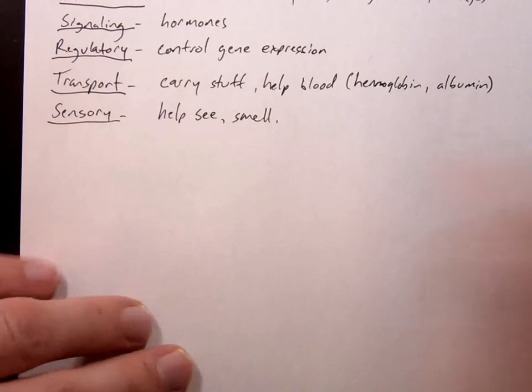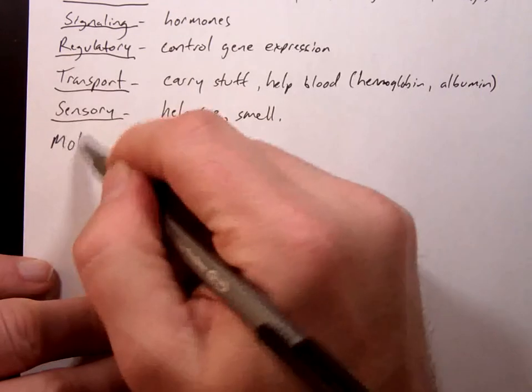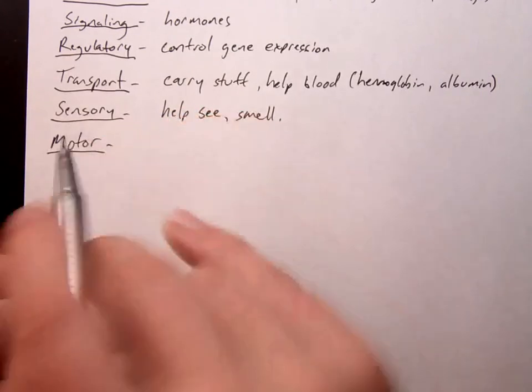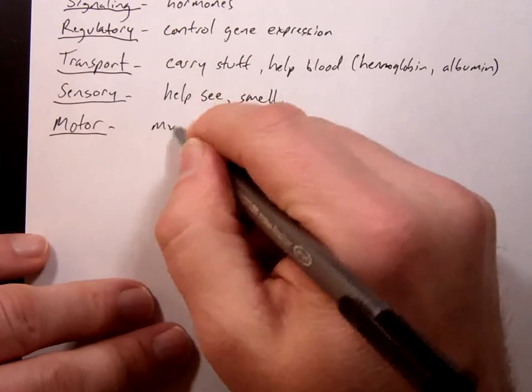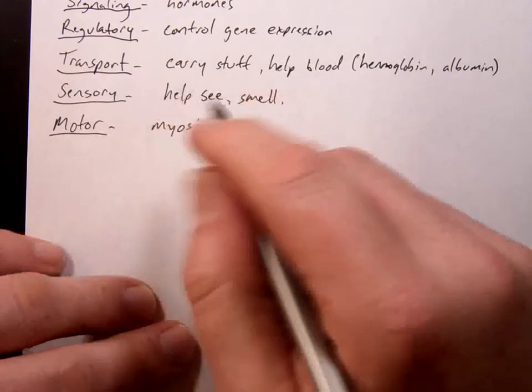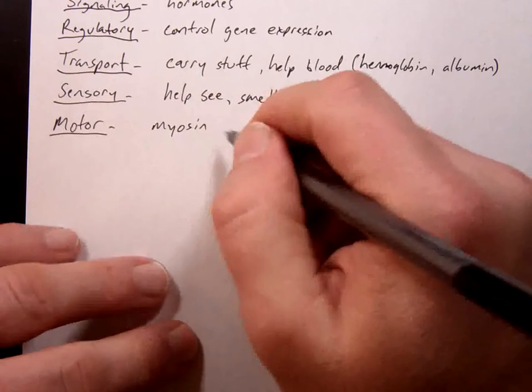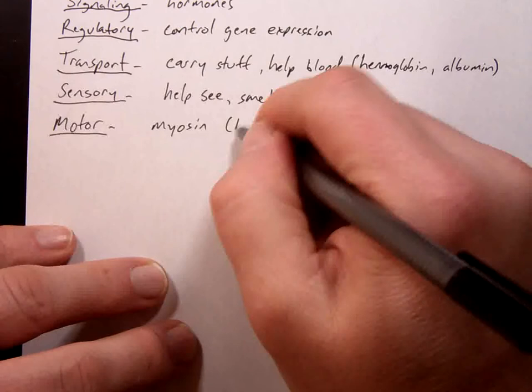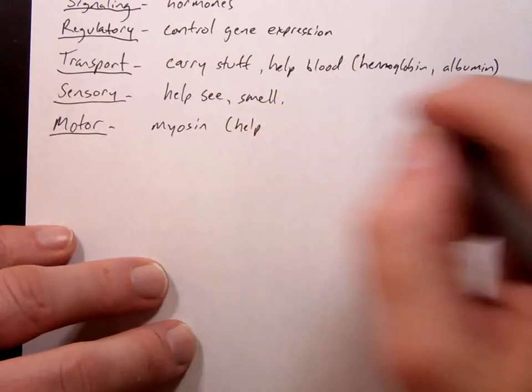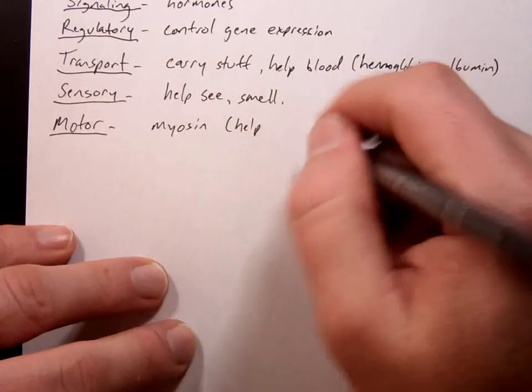Motor proteins, these seriously move, okay? Myosin is a good example. Basically these are ones that help move. There's motor proteins in our cells that actually help move things along as well, like vacuoles.